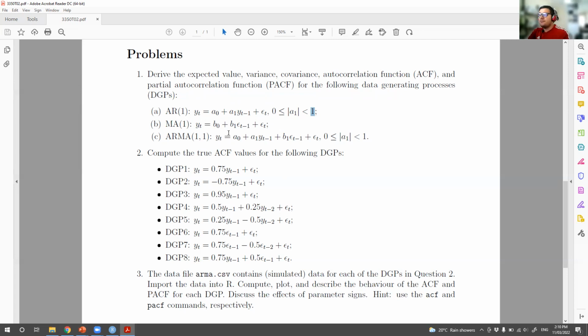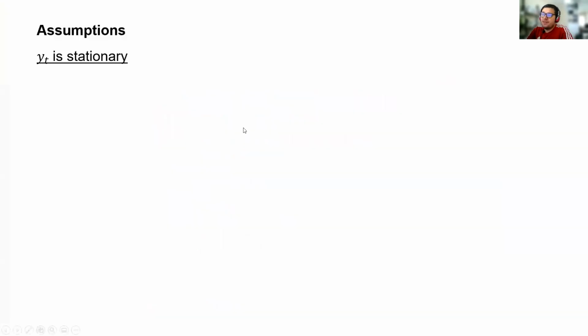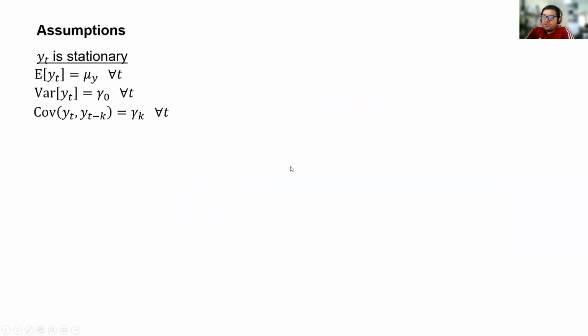So let's start with the autoregressive 1. For the sake of this exercise, we are going to follow two assumptions regarding the time series that we're going to analyze, in this case Yt.